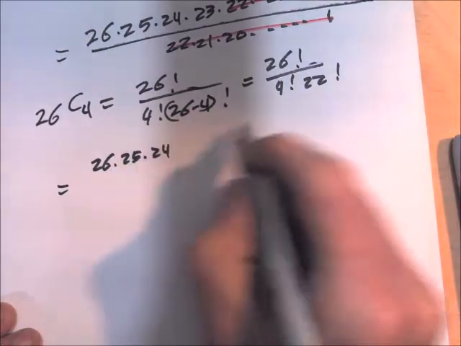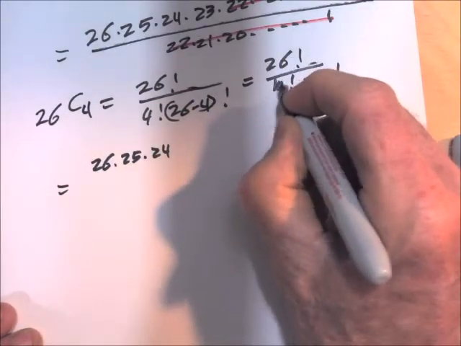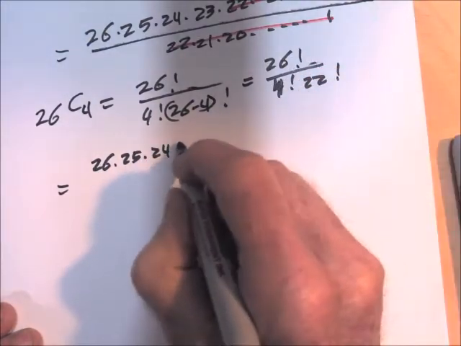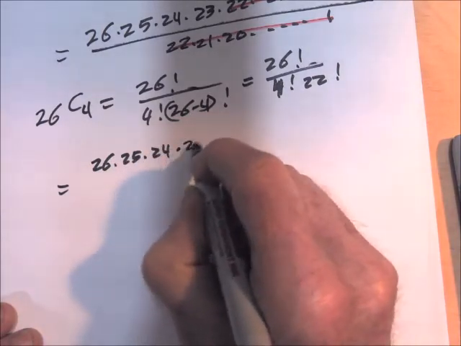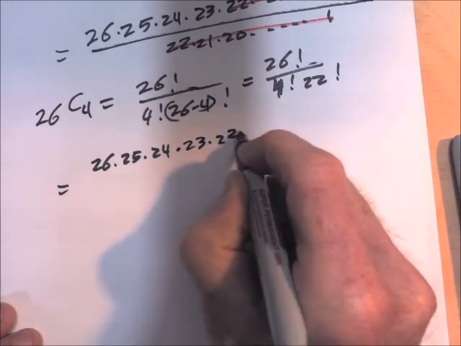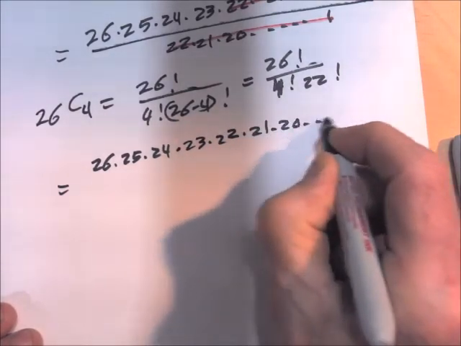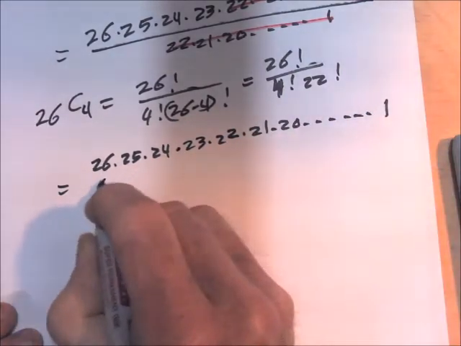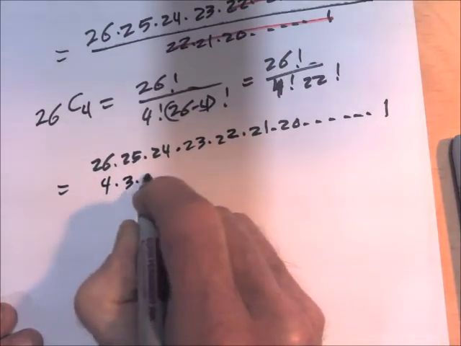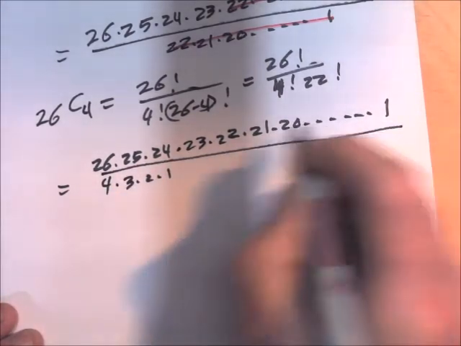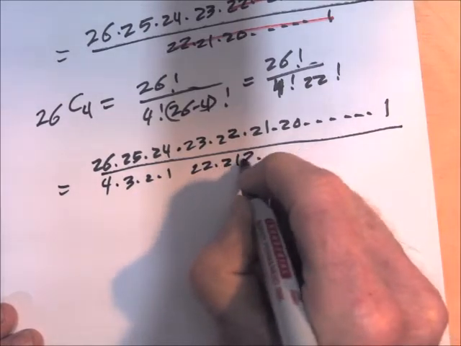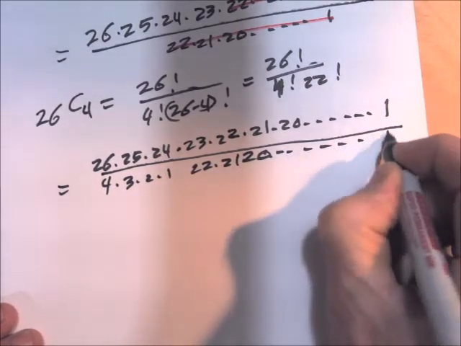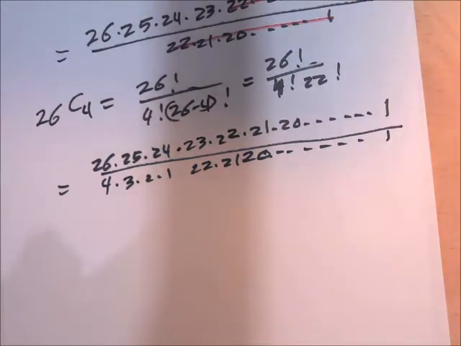So 26 factorial over 4 factorial times 22 factorial. 26 factorial is 26 times 25 times 24 times 23 times 22 times 21 times 20, etc., all the way down to 1. 4 factorial is 4 times 3 times 2 times 1. 22 factorial is 22 times 21 times 20, etc., all the way down to 1. So 22 on down cancels.